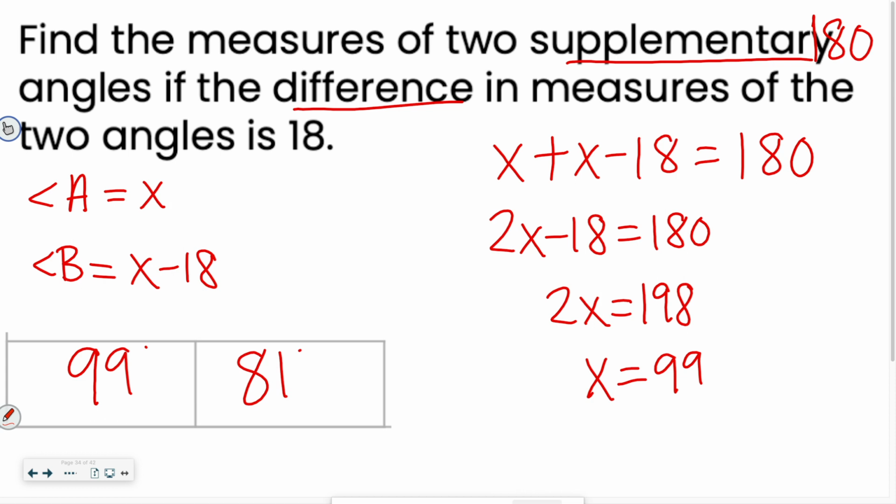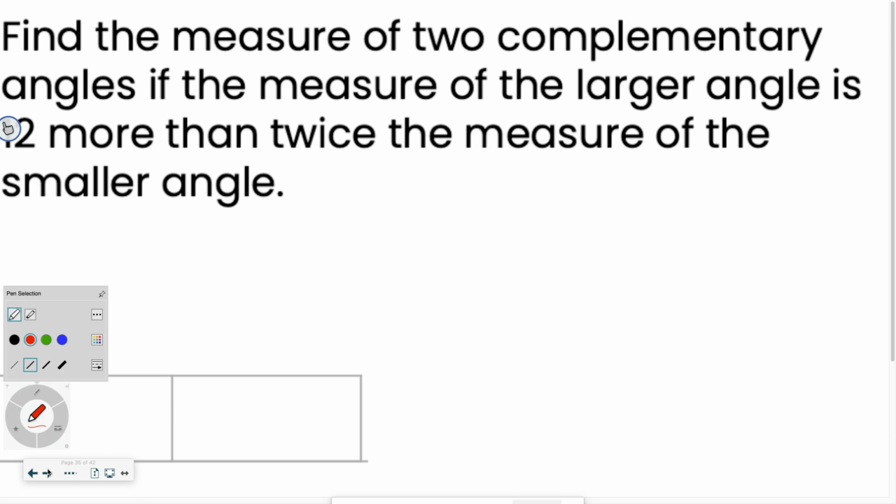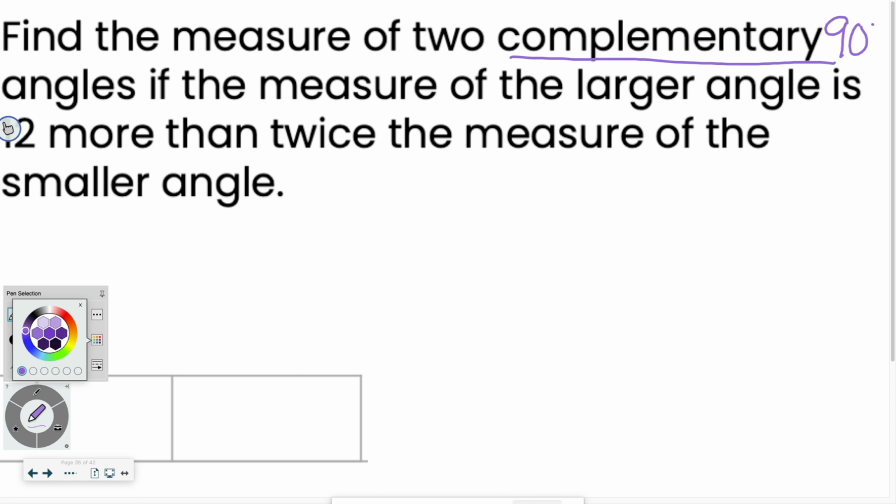Same kind of problem. You guys notice this one's complementary though?